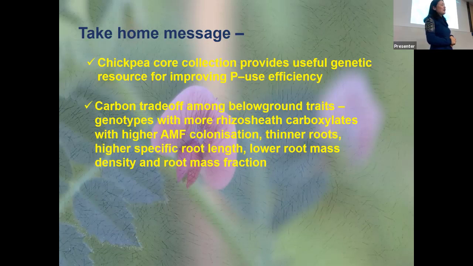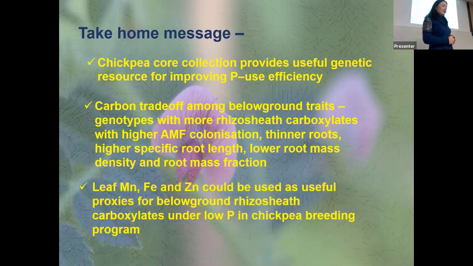For example, genotypes with more carboxylates often had high mycorrhizal colonization, thinner roots, high specific root length, low root mass ratio, and low mass density. And leaf manganese, iron, and zinc could be useful for breeding programs, and that can also be applied in other crops and legumes for breeding programs.